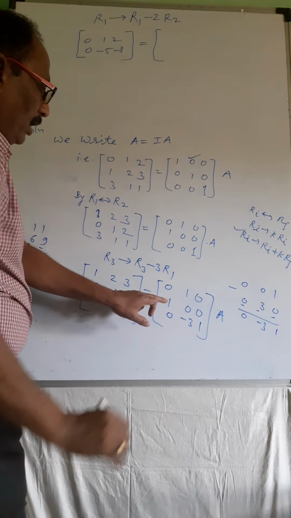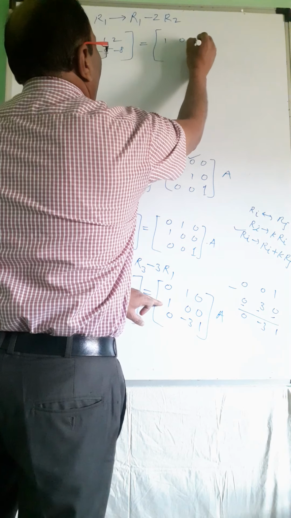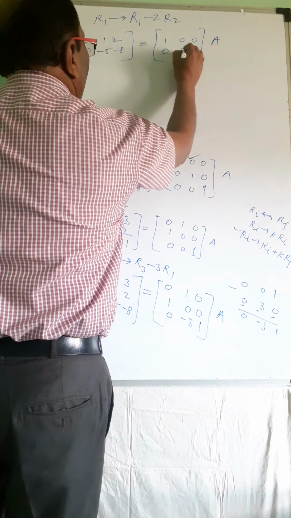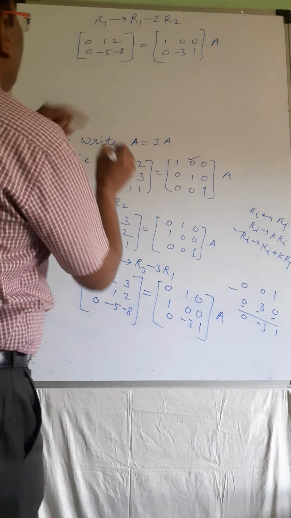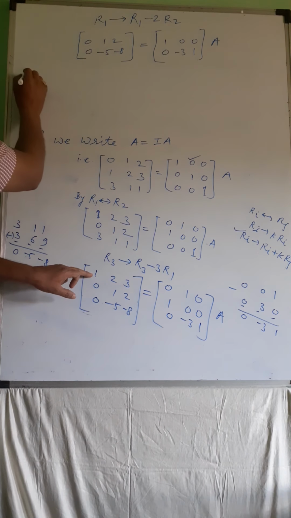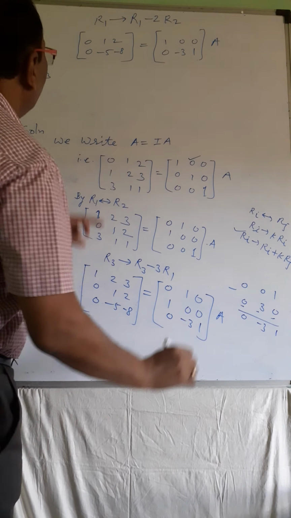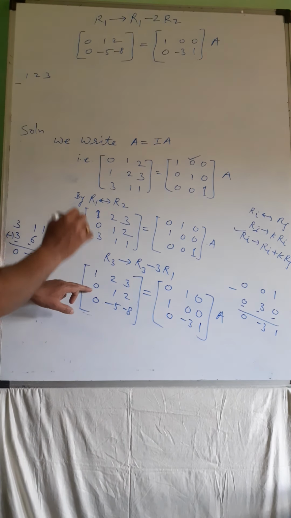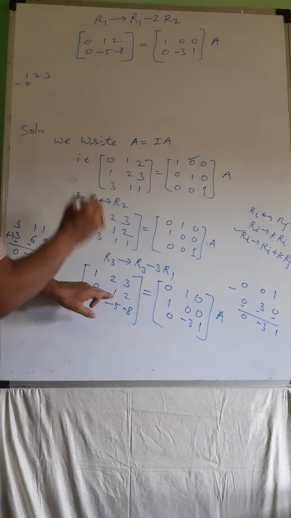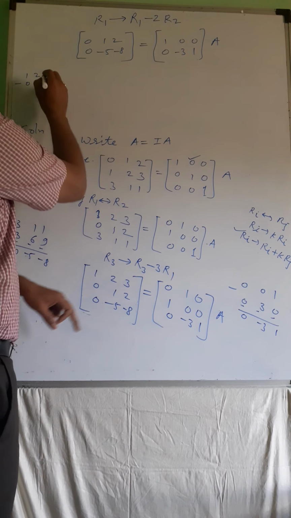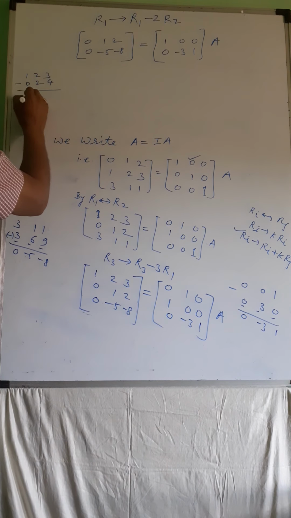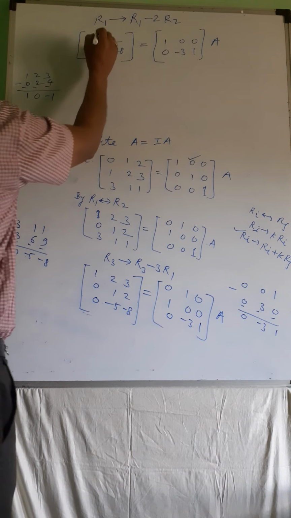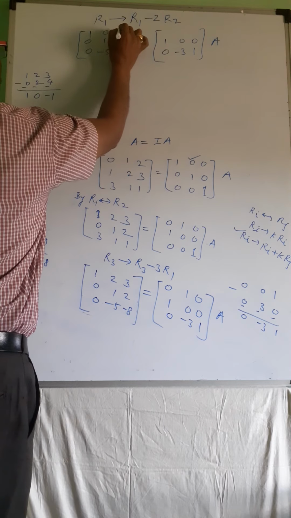R1 we are changing, R2 as it is, 1, 0, 0 and 0, minus 3, 1. R1 is 1, 2, 3, minus 2 into R2: 2 into 0, 2 into 1, 2 into 2, means we get 1, 0 and minus 1.